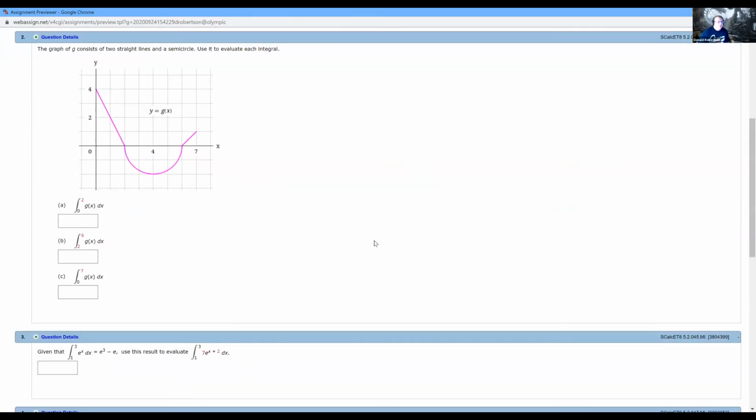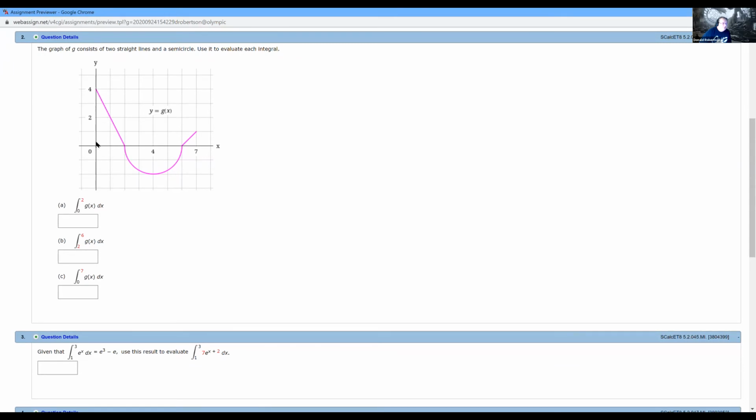Yeah, good. Right. Here we have, I'm calling them curves, a curve going straight line, half a circle, straight line, right? And we're being asked to find the area of these fellas. Question A says the integral from 0 to 2 of this function g of x.